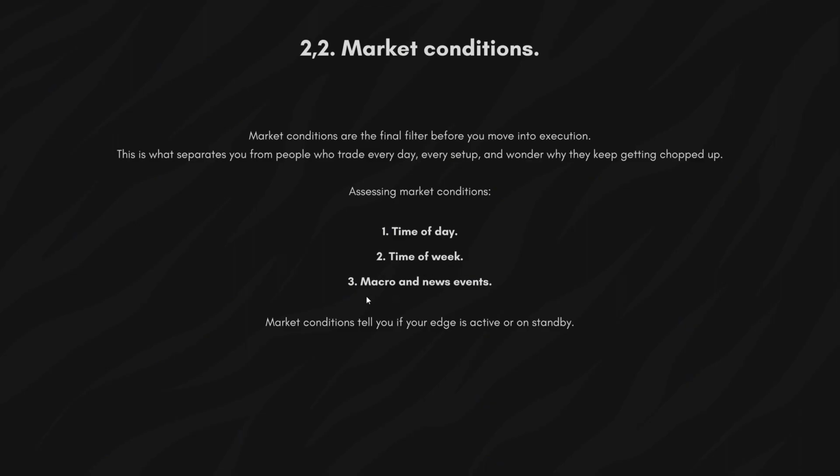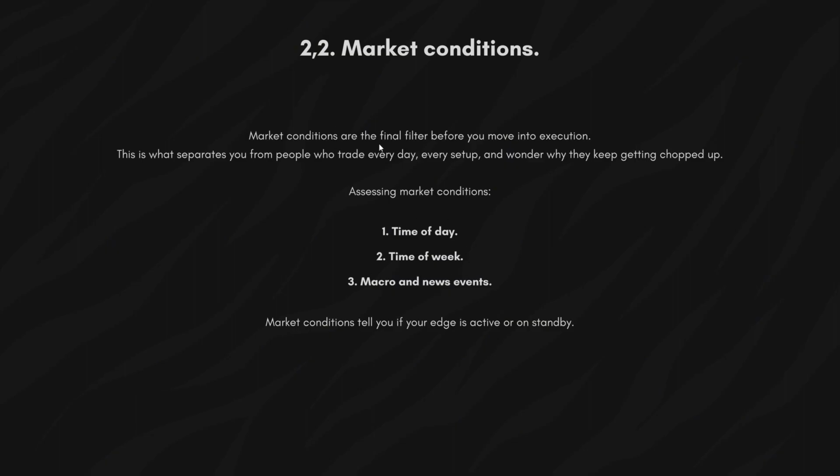And number three, we have macro and news events, which is basically filtering out major news events like NFP, CPI, or FOMC, because for me they are usually off limits. Price is unstable on those days, and models tend to break. And this isn't just me saying it, ICT says that as well. This isn't about being scared.